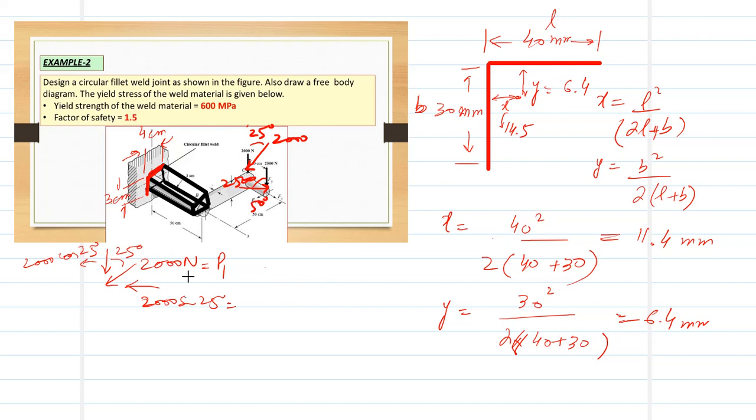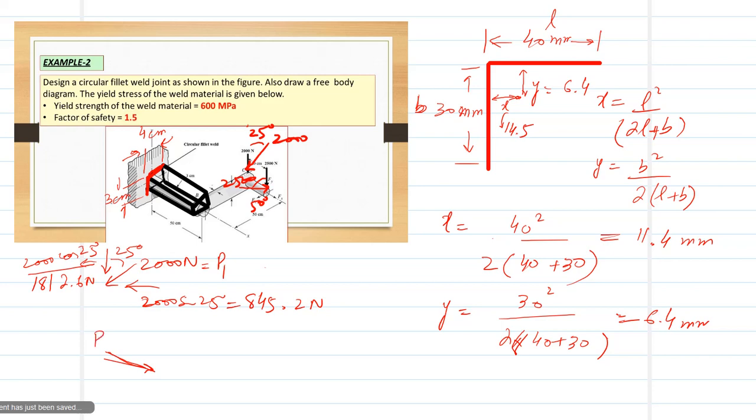So cos 25 into 2000 is 1812.6 Newton. This force, 2000 into sine 25, is 845.2 Newton.